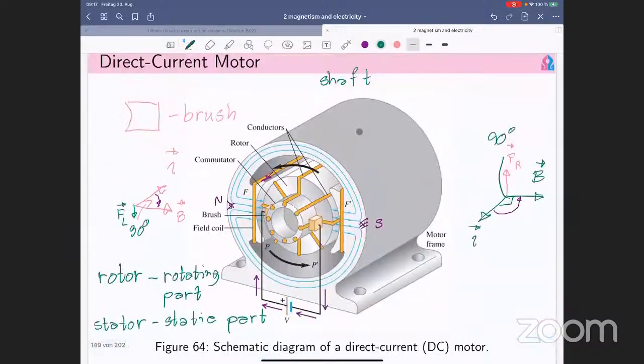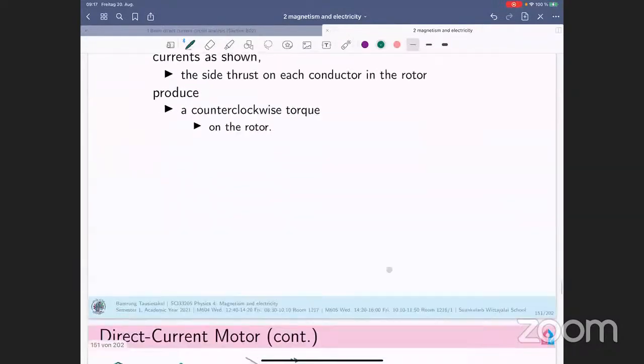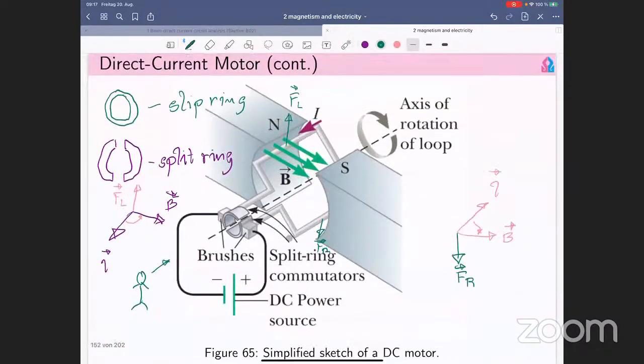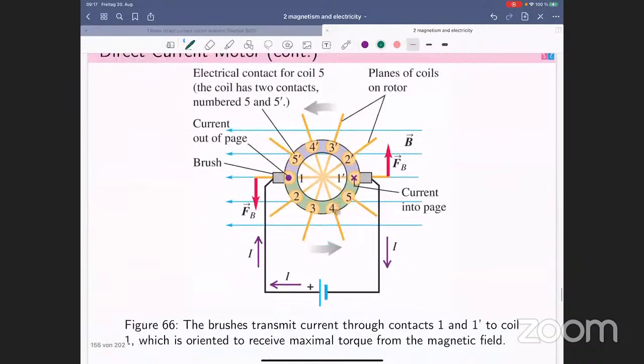We cannot see it simply in this figure, because this part obstructs the view of their connection. But both wires are connected to each other at the rear part of the motor. Here is only the front view.